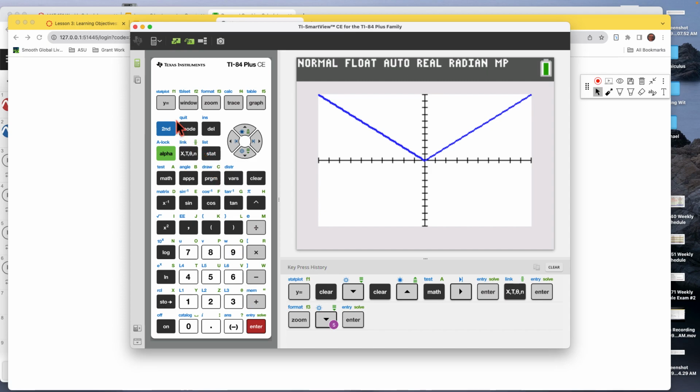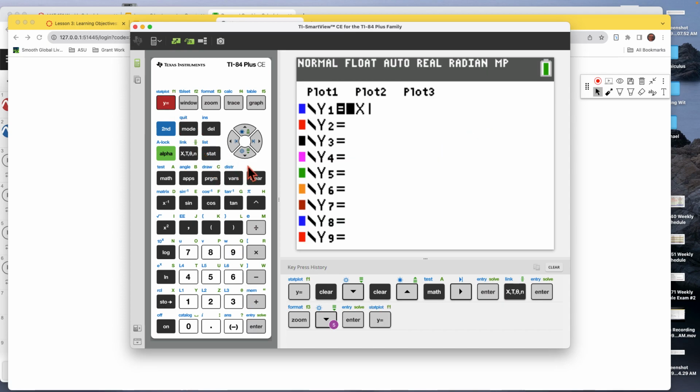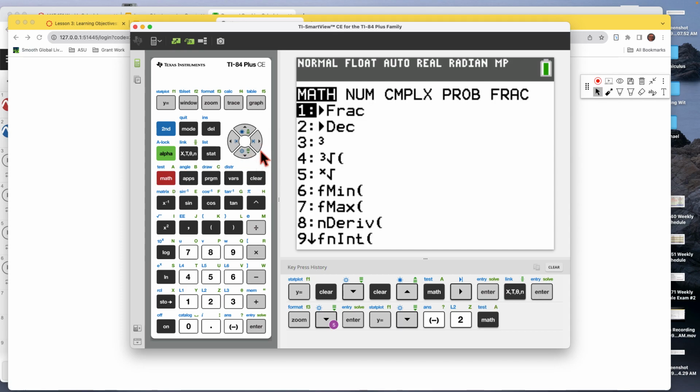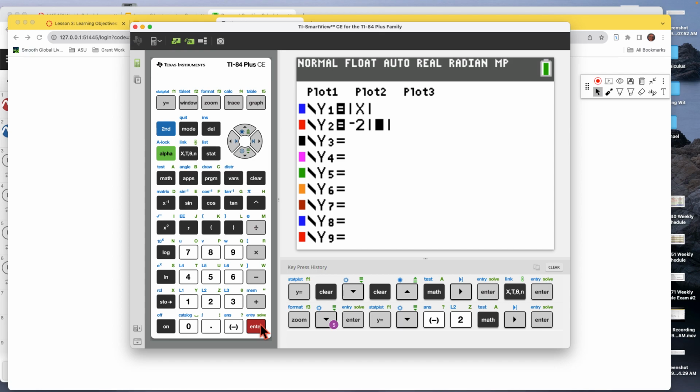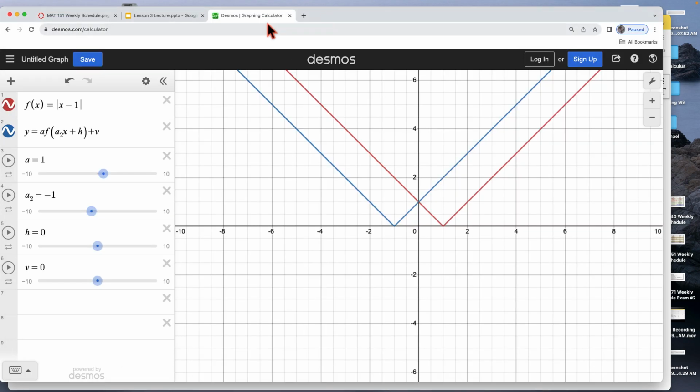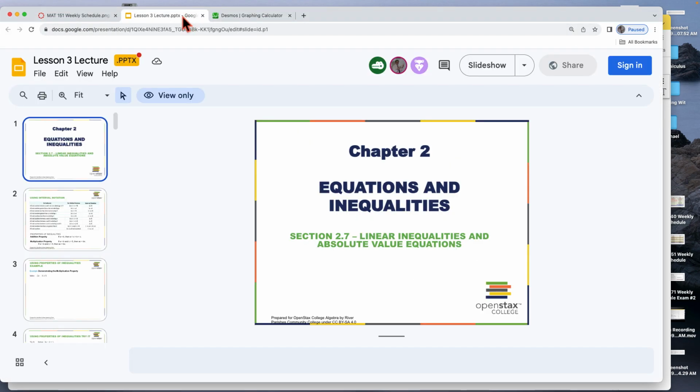So now I want to see what happens if I take that same function, but I multiply it by -2 on the outside. Math over 1 absolute value, right? And what did we have? It was x minus 4? Does anyone remember? I forgot.